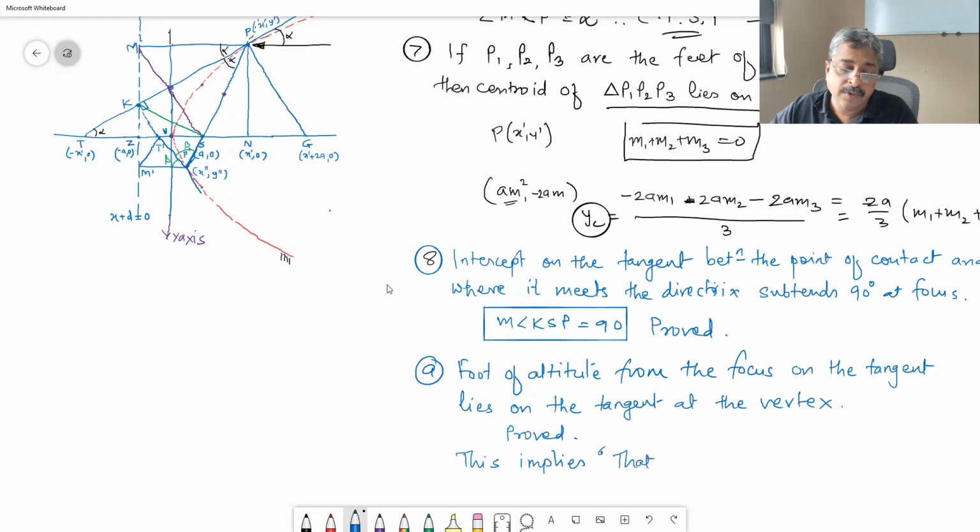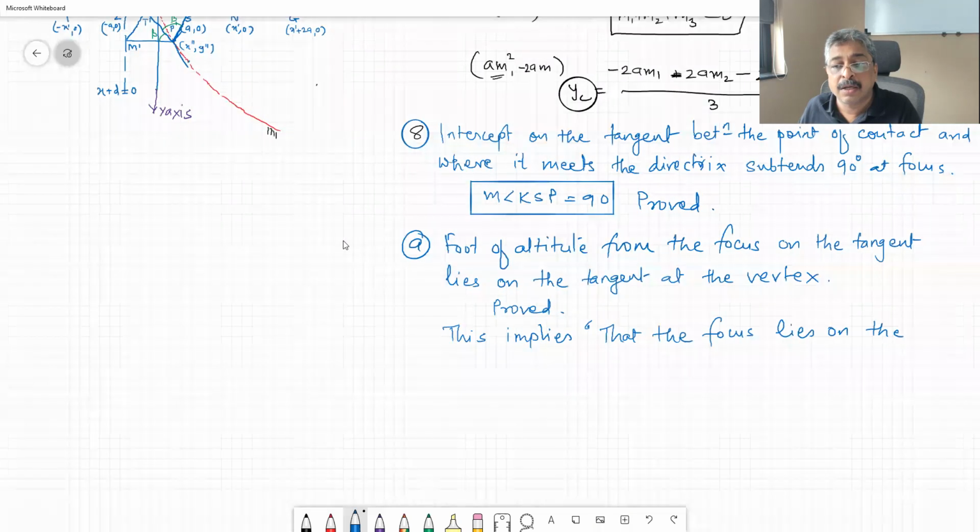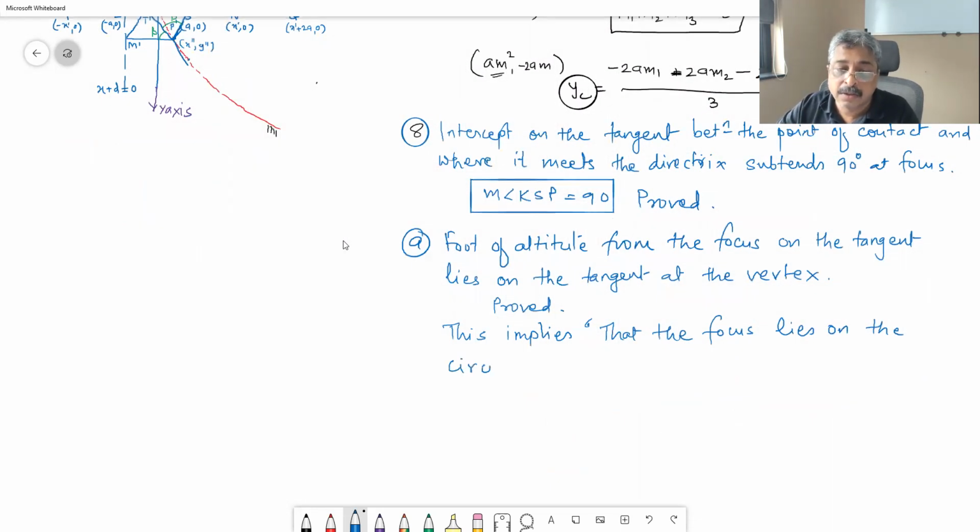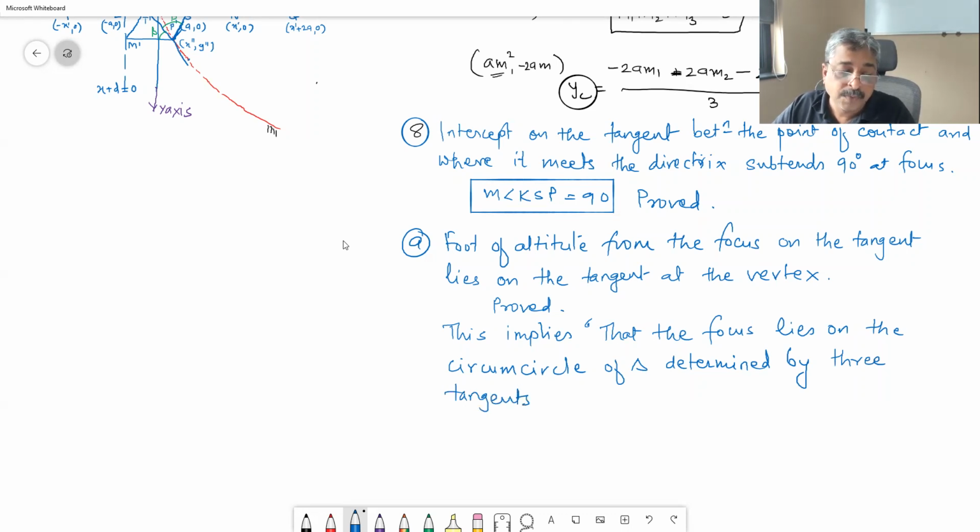That the focus lies on the circumcircle of the triangle determined by 3 tangents to the parabola.